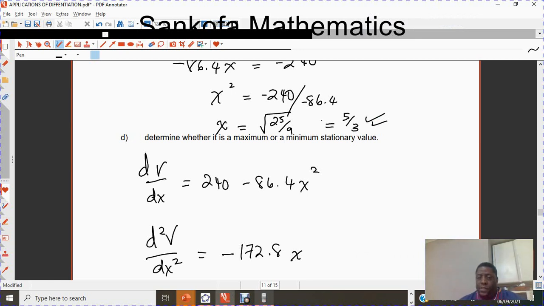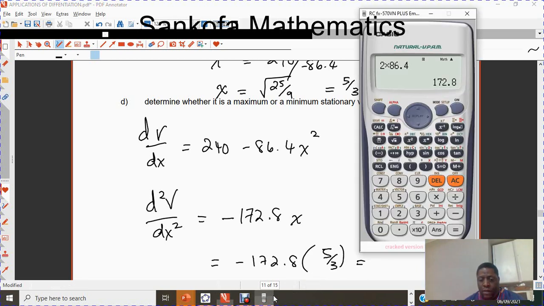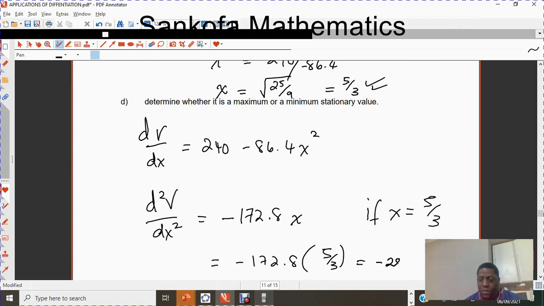So if x is equal to 5 over 3, let's see what that value would be. Well, that value is going to be negative 172.8 multiplied by 5 over 3, which is minus 288. And this value here is less than 0.